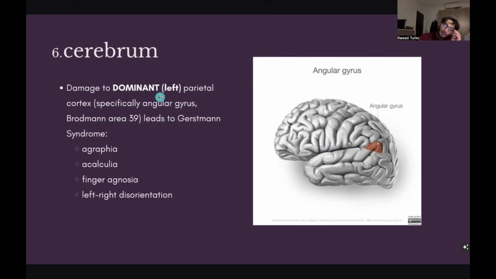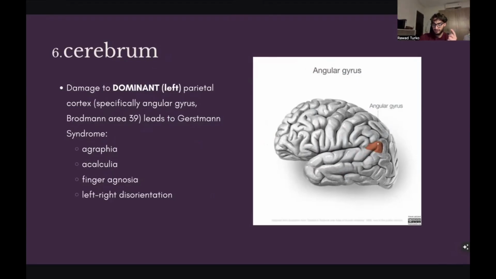So any damage to the dominant or left parietal cortex, specifically this section called the angular gyrus, would lead to something called Gerstmann syndrome. You need to remember four things for Gerstmann syndrome: agraphia, acalculia, finger agnosia, and left-right dissociation.